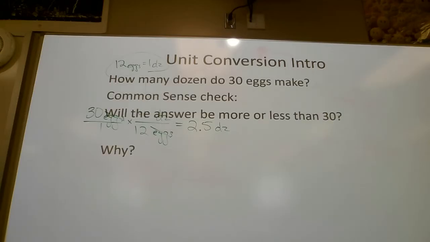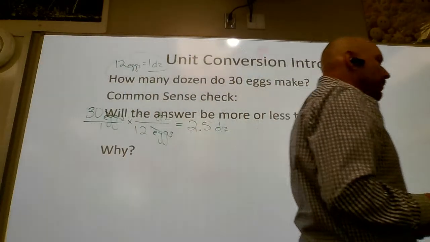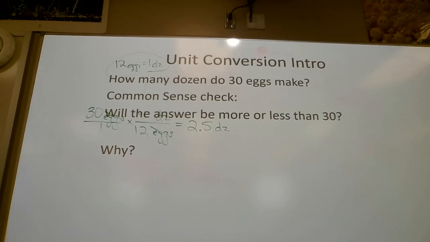So to make sure we're right, would we expect the answer, how many dozen, to be less than or greater than 30? Okay. Obviously less than, we got the answer, but why?